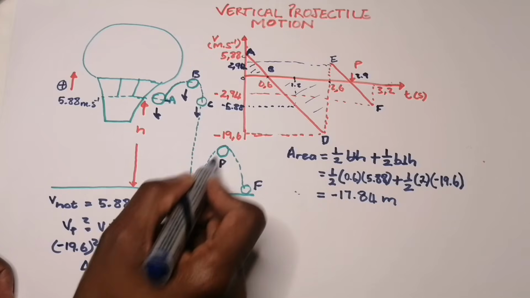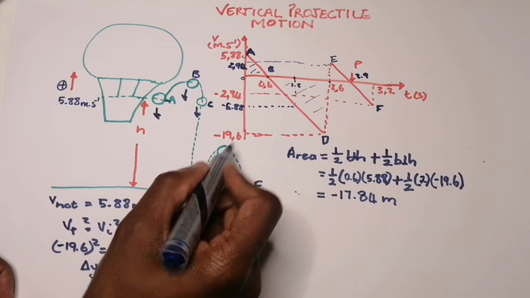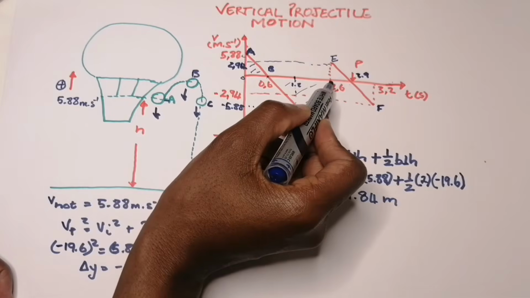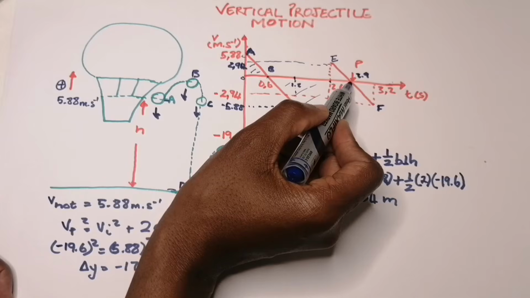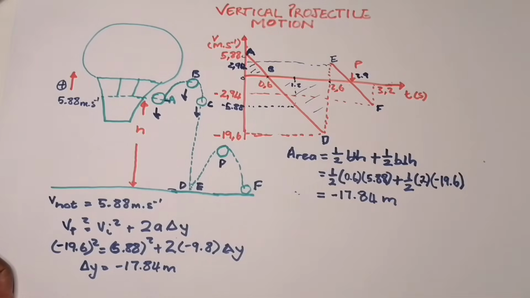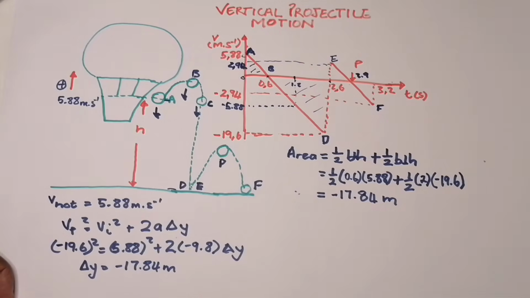But then how long did it take to get to point P? It took 0.3 seconds. So all you could have done is say, from 2.6, I add 0.3 seconds, and so it would have taken 2.6 plus 0.3, which would have given you 2.9 seconds. I hope you're still with me. And then let's get to the next question.